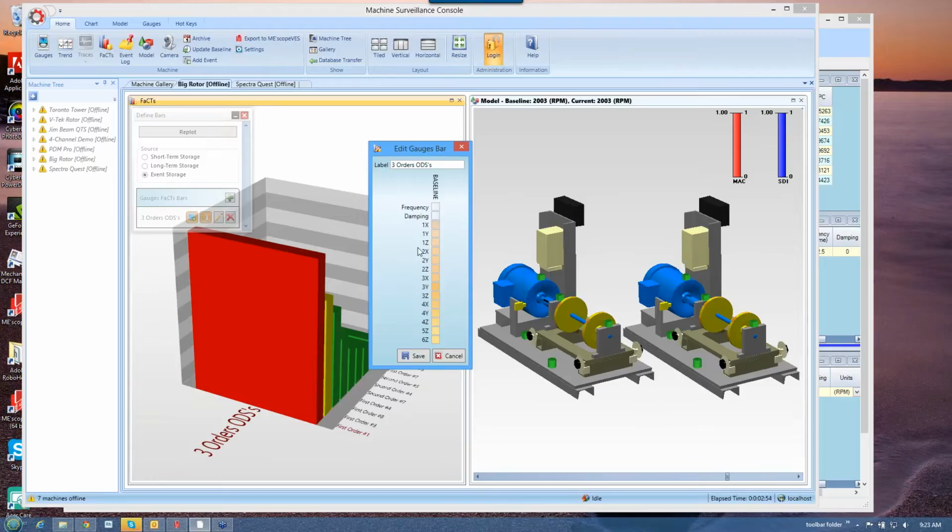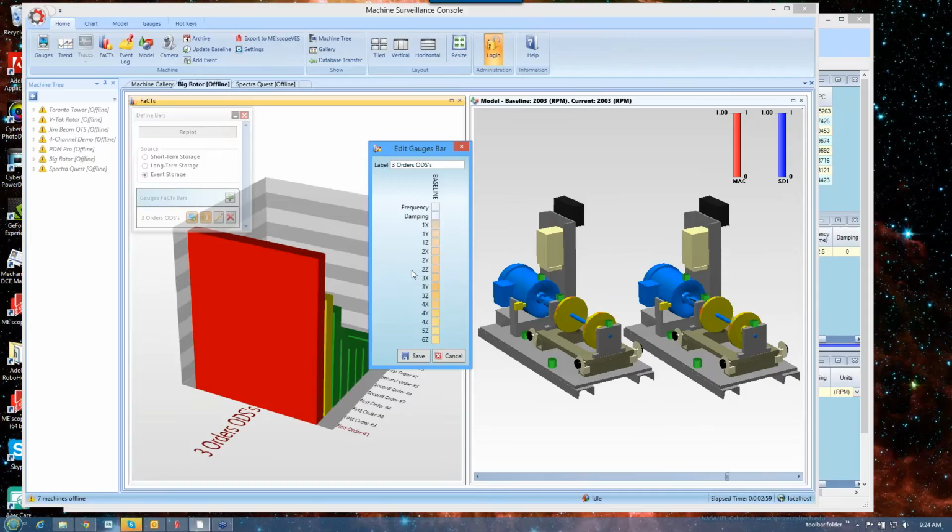So you can see there's triaxial 0.1 and 0.2, 0.3, 0.4, and then 5 and 6Z. So these are defining the data that was taken from these accelerometers over here. And that's how I define a fax bar. So I can define a fax bar with frequencies, any shape components I like, and so forth.